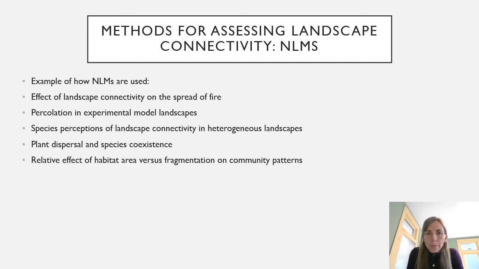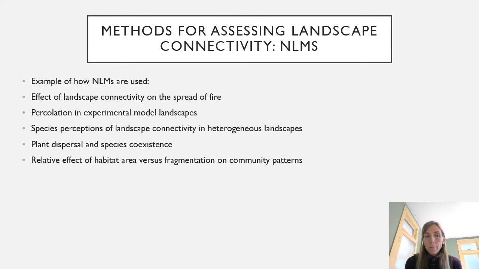So here's some examples of how neutral landscape models are being used, and they have quite a bit of application now. They can be used to look at the effect of landscape connectivity and the movement of fire based on our understanding of fire behavior and landscape features. They've been used in studies of percolation in modeled landscapes, again to kind of create a null hypothesis.